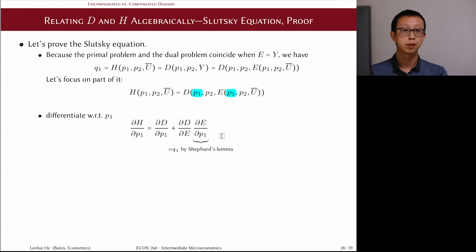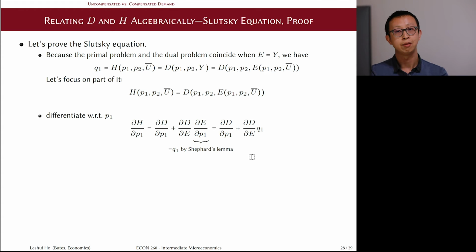To move on from here, we need to invoke Shephard's lemma, which says that the derivative of the expenditure function with respect to the price of a good recovers the Hicksian demand of that good. And at the starting point where the Hicksian demand and the Marshallian demand overlap, the demand is just the optimal quantity, or Q1, at the point of E1 on the graph.